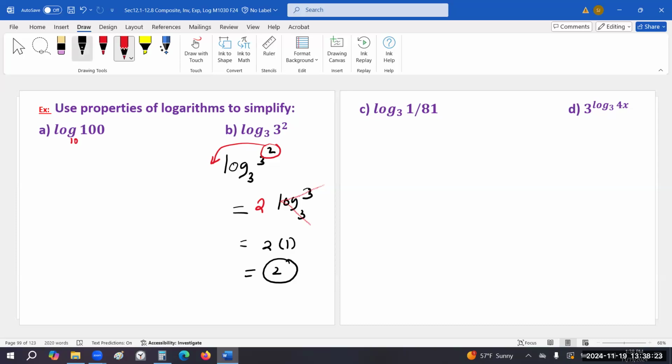So we write log, the invisible 10, and 100 becomes 10 squared. If we don't see a base next to log, we know it's always 10. If we don't find a base next to ln, it's e.